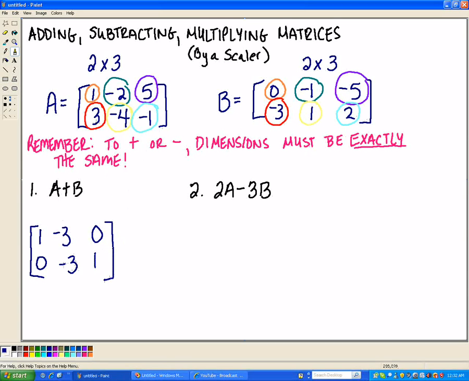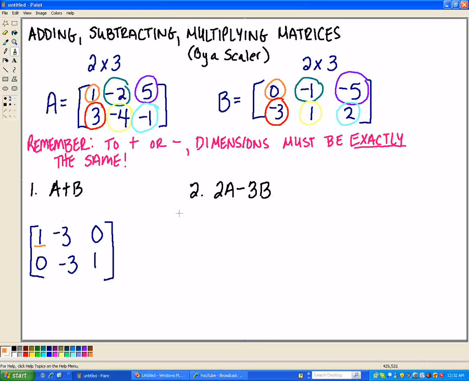So again, I just add each corresponding element to each other and put it in the new matrix. Notice that the element in the first row, first column, plus the element in the first row, first column, goes into the first row, first column. So 1 plus 0 gave me 1. And that's how we add a matrix. Not very difficult at all.